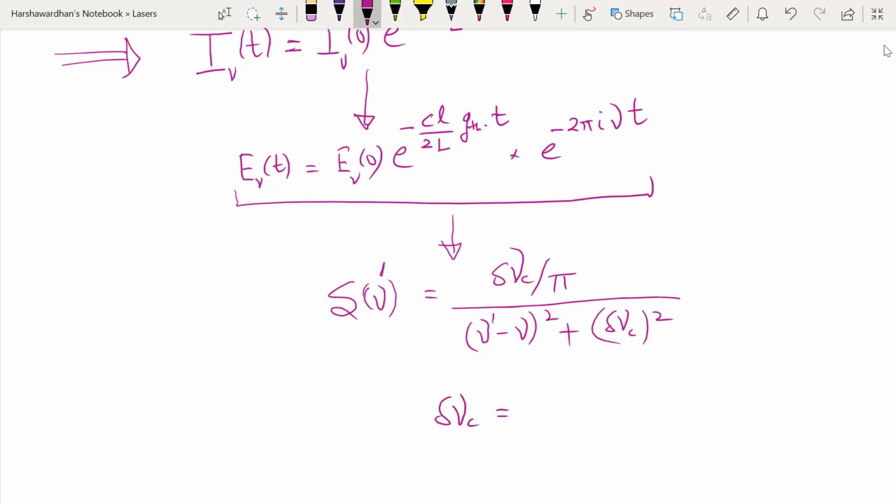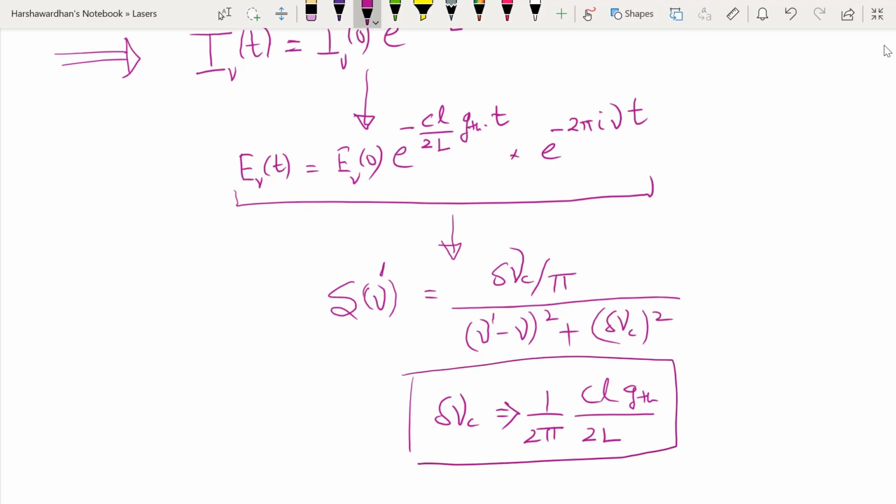When you do the Fourier transform of the above equation, you see that my delta nu c is indeed 1 over 2 pi times c small l G threshold by capital 2L, and this is what we call the cavity bandwidth.